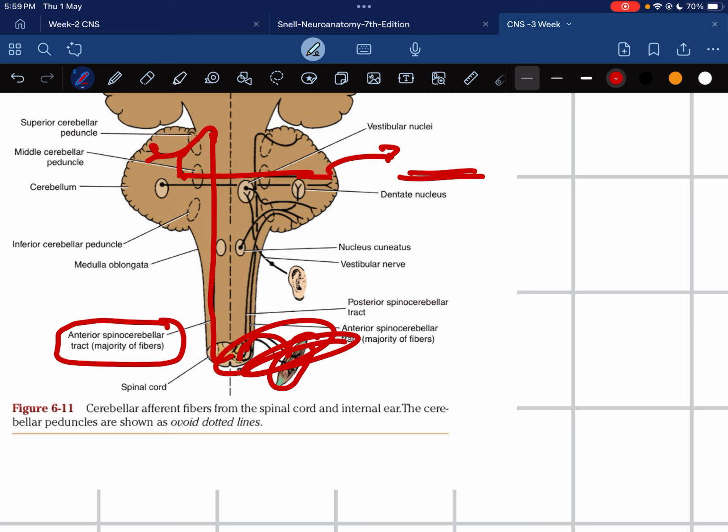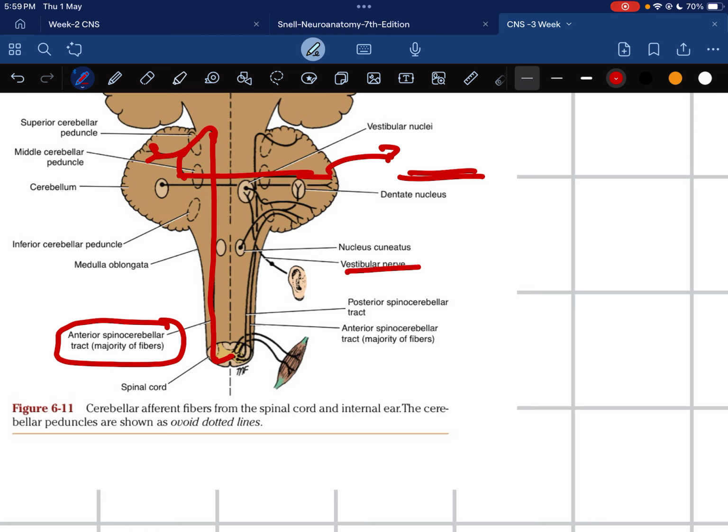And another one is the posterior spinocerebellar tract. In the posterior spinocerebellar tract, the information comes in on the same side, goes ipsilaterally, and enters the cerebellum by the inferior cerebellar peduncles. And another is the vestibular nerve.